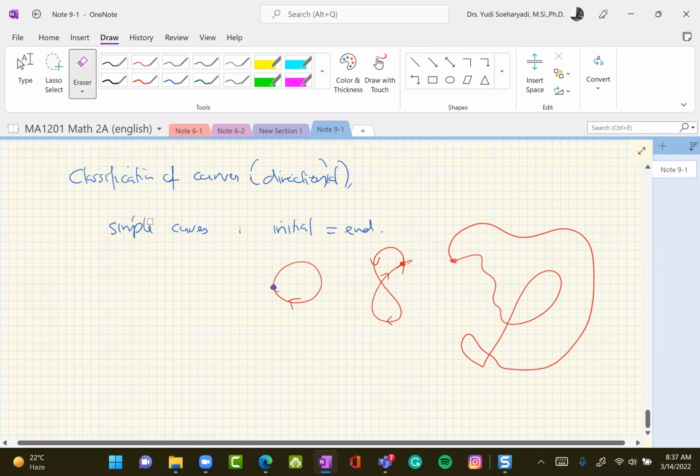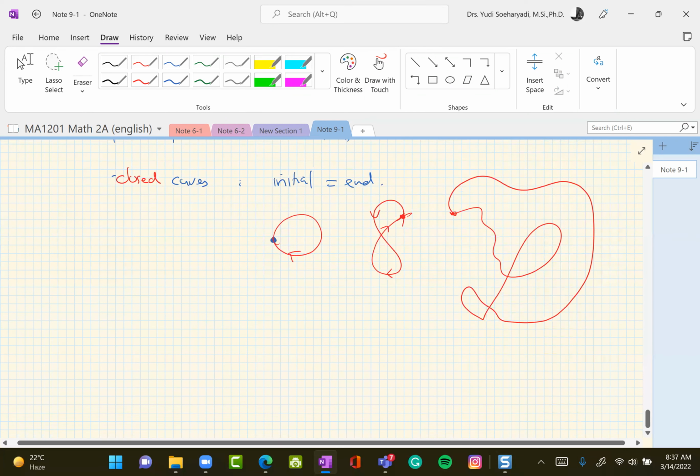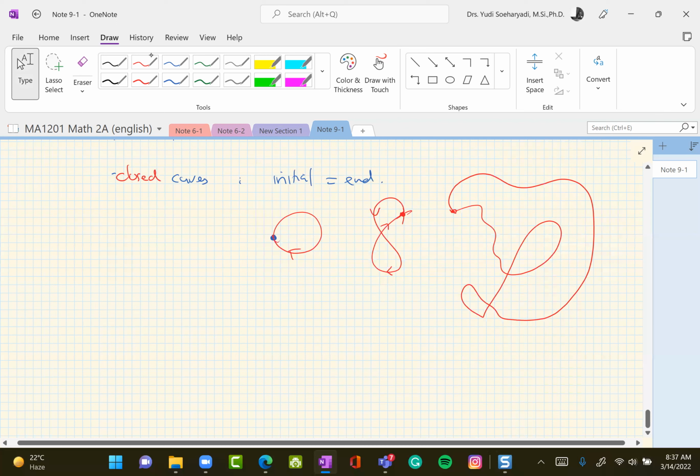Closed, closed curve. Initial equals end. And the other thing is simple. Simple curves, meaning no self-intersection.